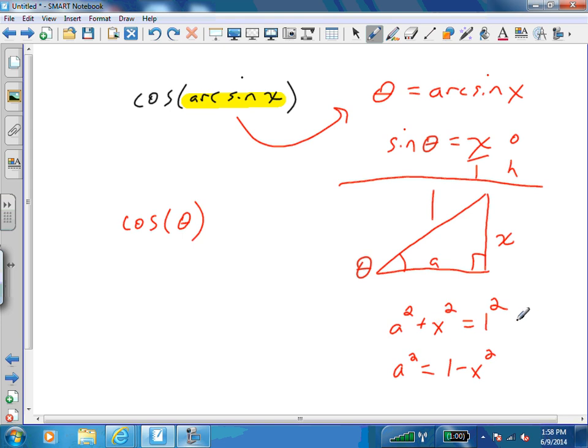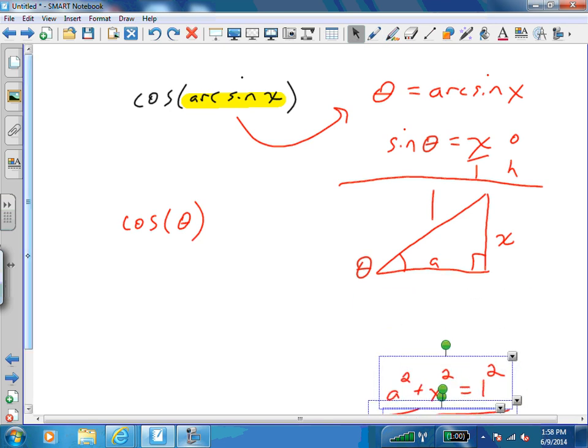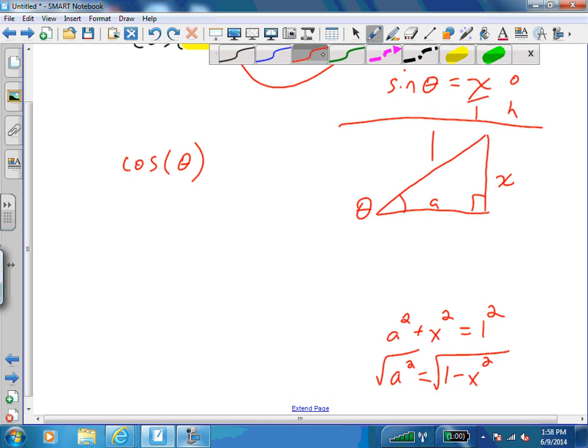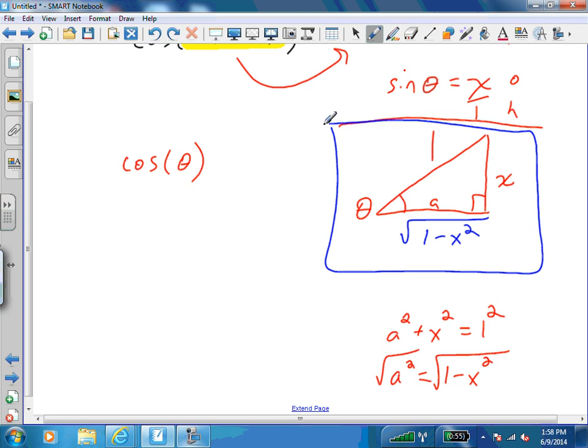Subtract this from both sides. So the adjacent side, take square root of both sides. Adjacent side is the square root of 1 minus x squared. So that triangle is an expression of our angle in terms of x based on our ratio.